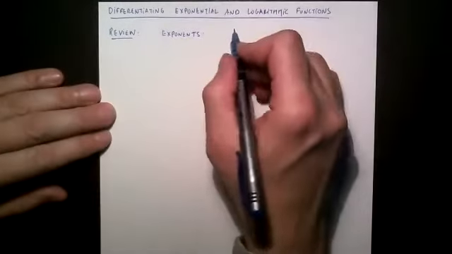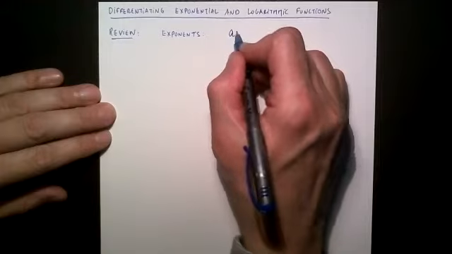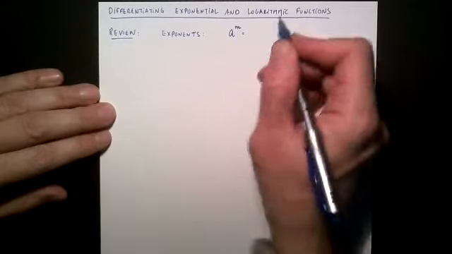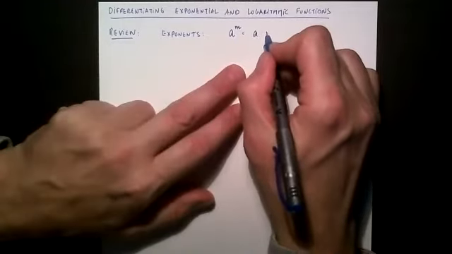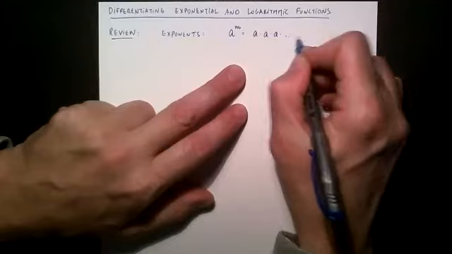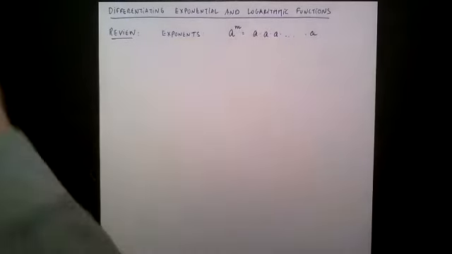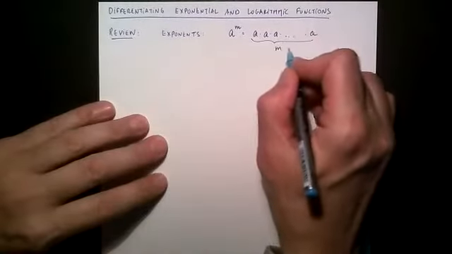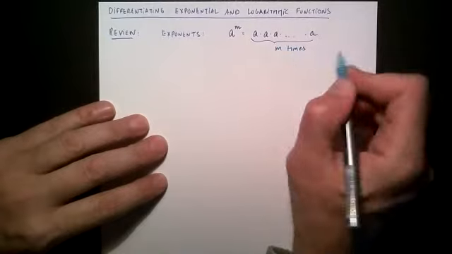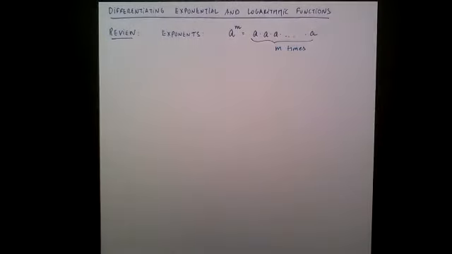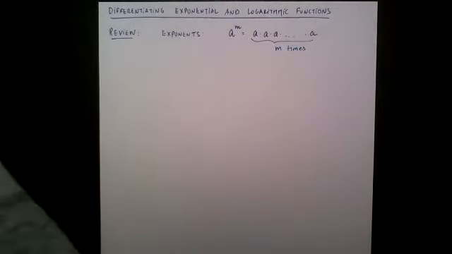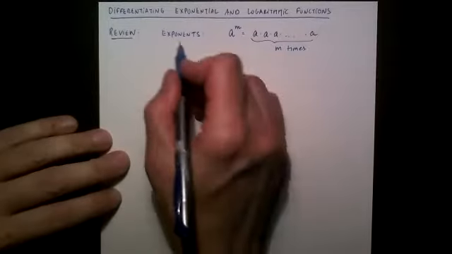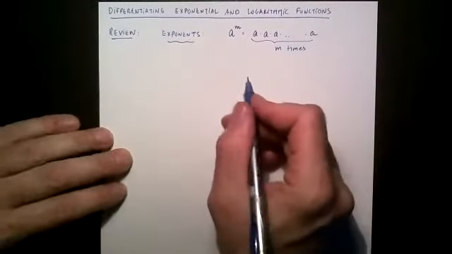Okay, so as you know, a power m is equal to a times a times a, times a. Of course, multiply a by itself m times. Okay, this everybody knows. Then there are some properties.